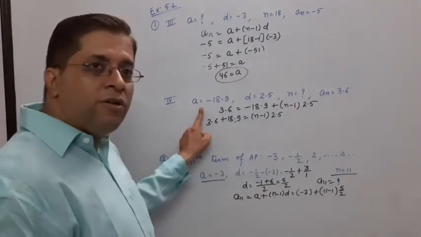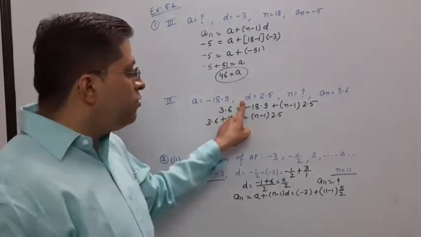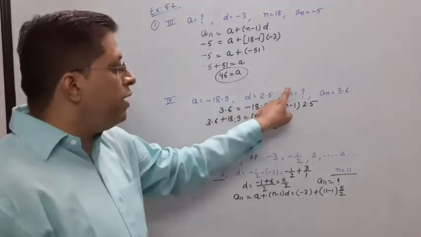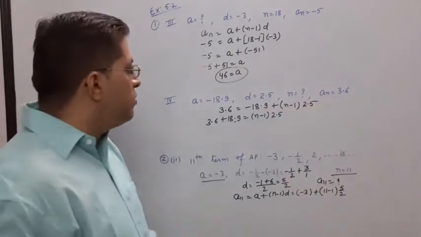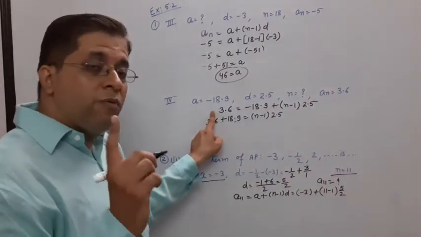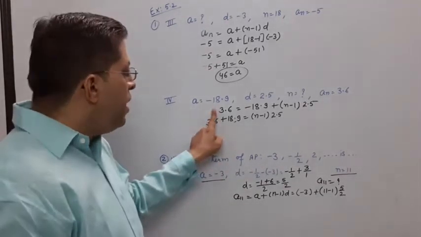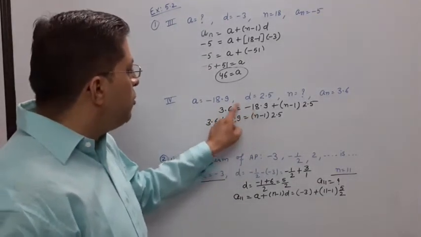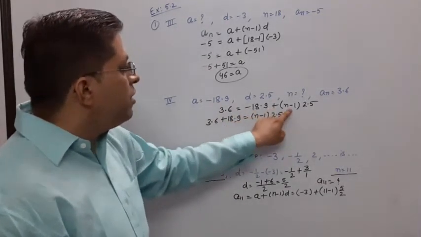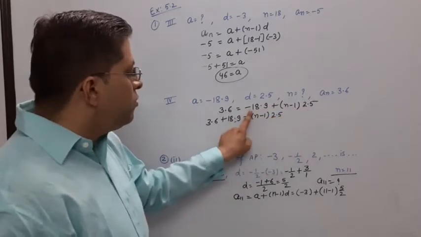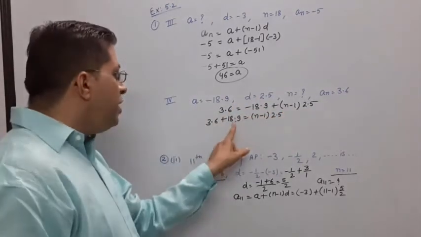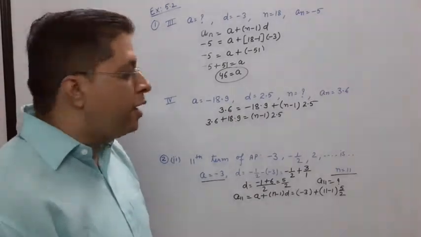A is given to you as minus 18.9, D is 2.5 and An is 3.6, and you have to find n. So what formula do we know? An is equal to A plus (n minus 1)D. A is your minus 18.9, plus (n minus 1)D. This is minus 18.9, send this side, this will be plus 18.9.